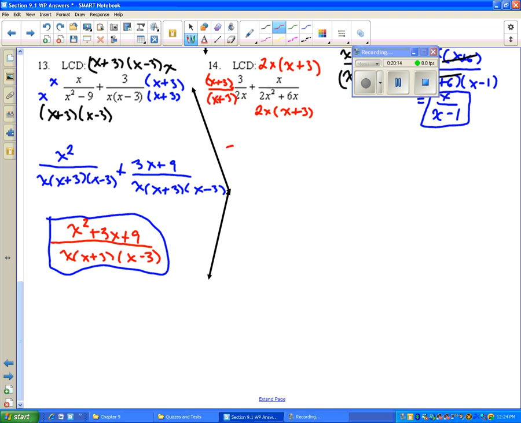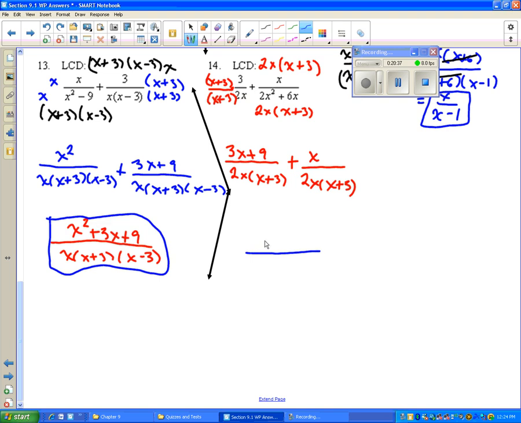If I multiply here, I get 3x plus 9 over 2x times x plus 3, plus x over 2x times x plus 3. Combine it into one fraction.